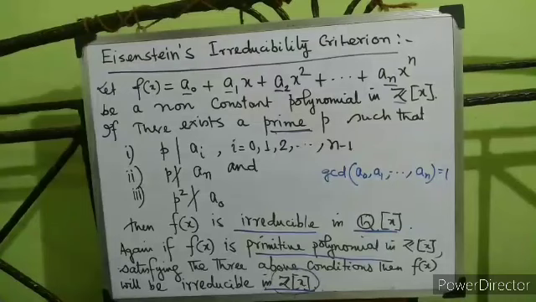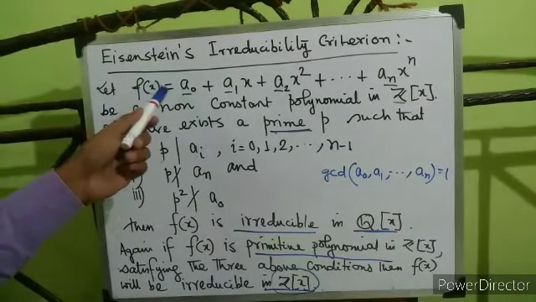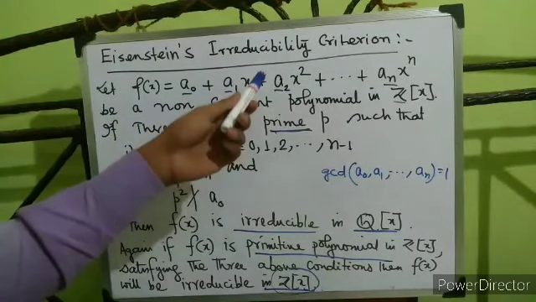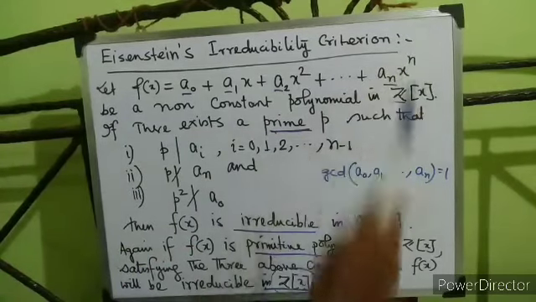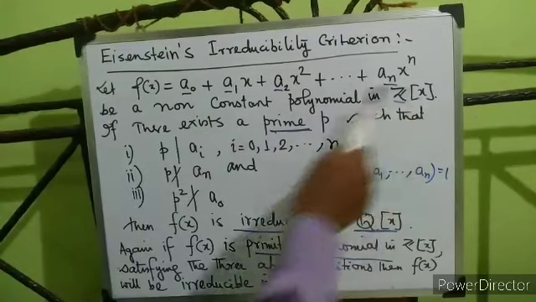What is that theorem? Let f(x) be a non-constant polynomial a0 plus a1x plus a2x square plus ... a_n x to the power n in Z[x].